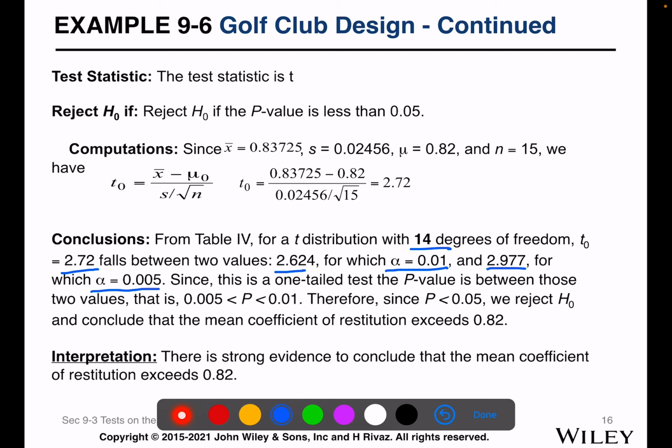And therefore, the p-value is between these two numbers, 0.01 and 0.005, which means that it's less than 0.05. So this is the critical value. If there is less than 5% chance of making a mistake, you reject the null hypothesis. So we reject H0 and conclude that the mean coefficient exceeds 0.82.